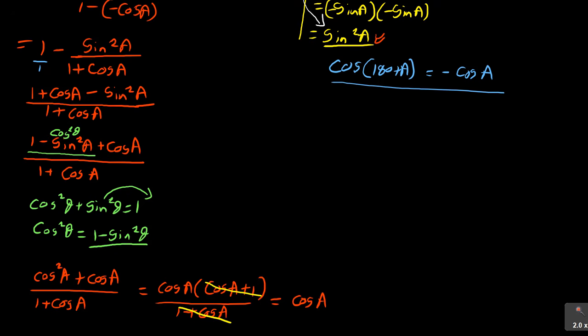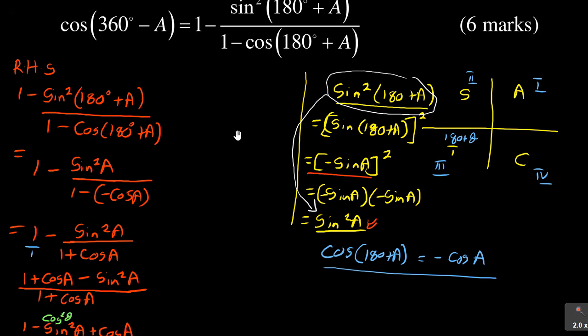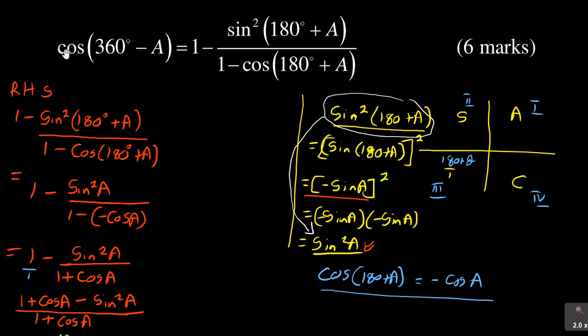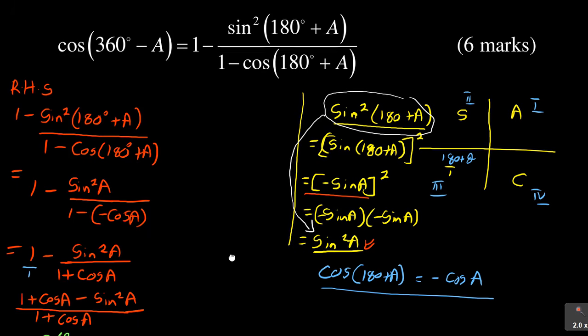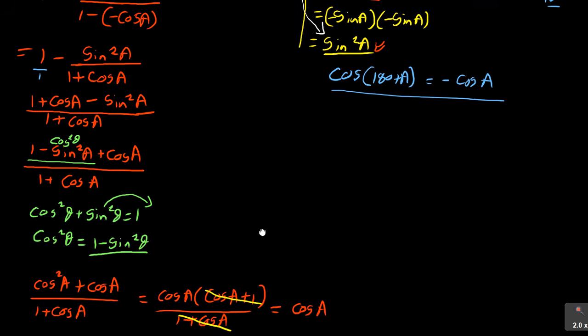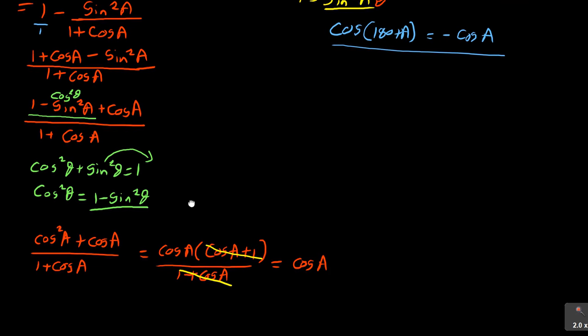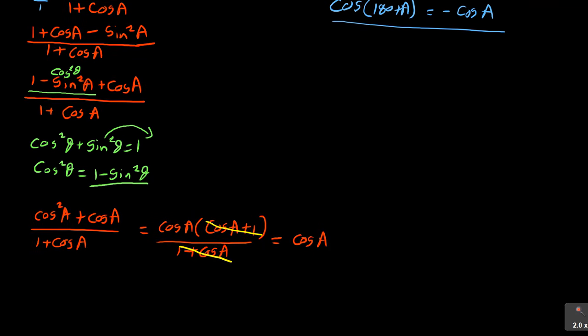Now if I look at the question, go back to the previous question. The previous question was saying prove that cos 360 minus A is equal to that. But now if I can come here and the answer, you can see that I got cos A, not 360 minus A. But now you can then move on to say, in this case, I have got my left hand side.